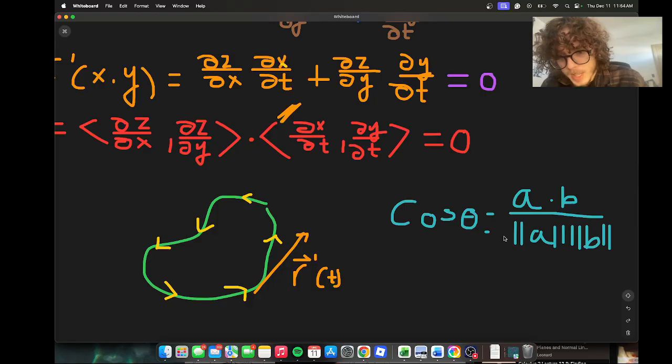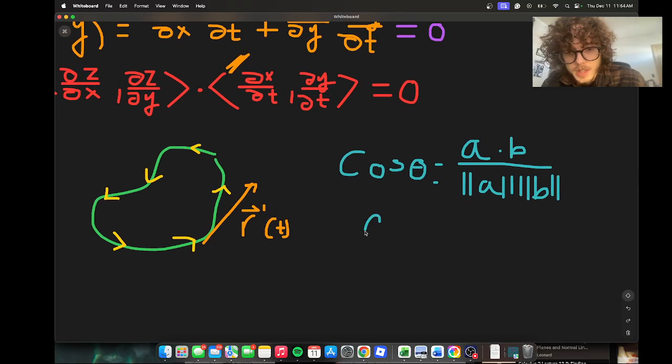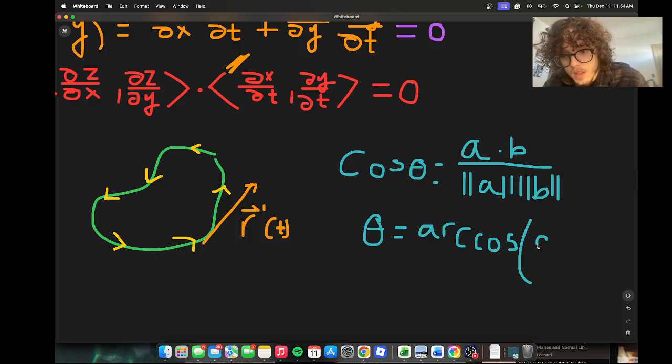So how we find theta is we say, okay, theta, and hopefully you've seen this before, is the inverse cosine of A dot B over their magnitudes. I'm just going to write magnitudes because I'm lazy.